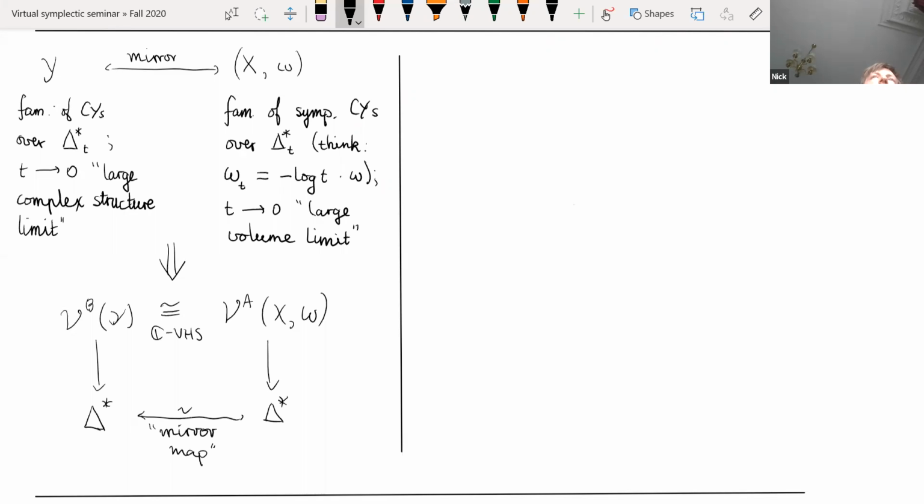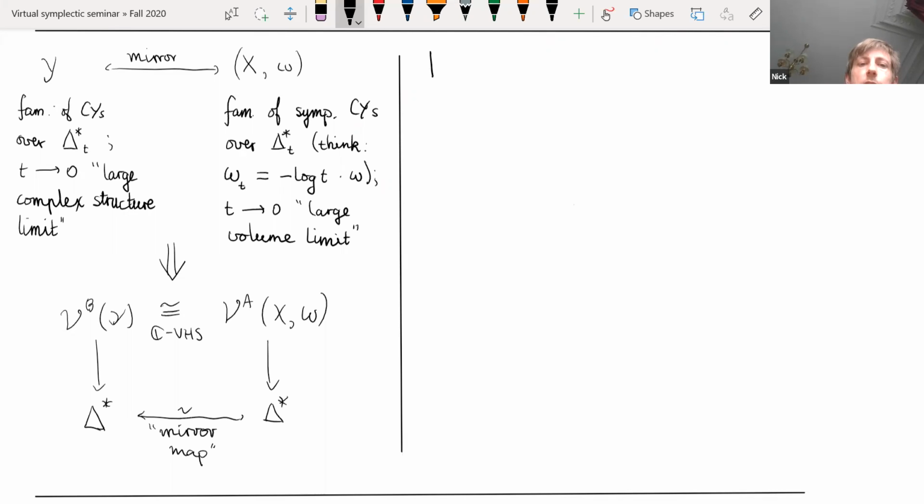For example, the classic predictions of Candelas, de la Ossa, Green and Parkes about genus 0 Gromov-Witten invariants of the quintic threefold can be deduced from an isomorphism of complex variations of Hodge structures like this. Okay, so that seems like maybe all that we want. If we can study Gromov-Witten invariants with them, maybe we're happy.